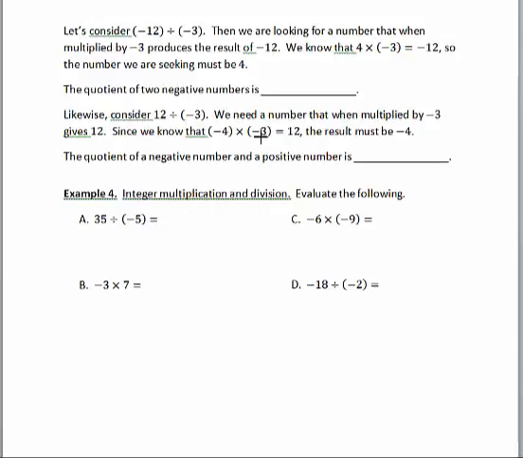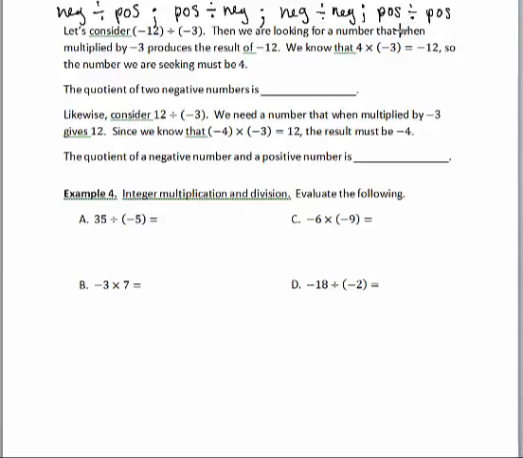You could have a negative divided by a positive, or you could have a positive divided by a negative, a negative divided by a negative, or a positive divided by a positive, which is probably the one you definitely already know.